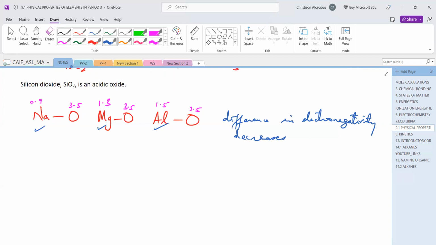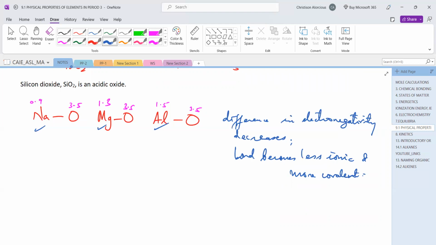We say that the difference should be more than 2. Of course, they are all more than 2, but you can also see that as you go from left to right, the difference in electronegativity decreases. As a result, the bond becomes less ionic and more covalent, and it tends to go from being more basic towards more acidic.